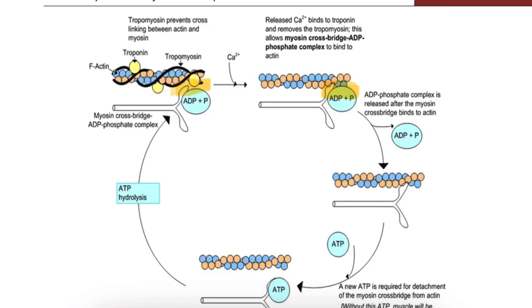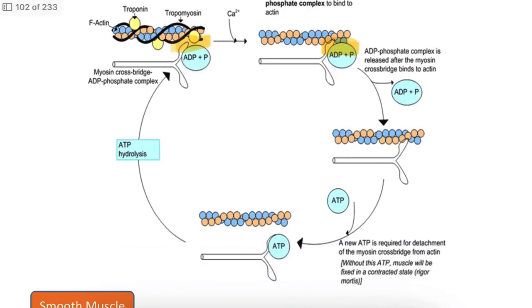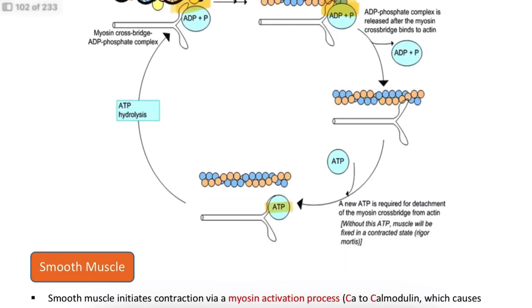Next, step 3 is detachment. ATP binds to the myosin head and it detaches from actin.